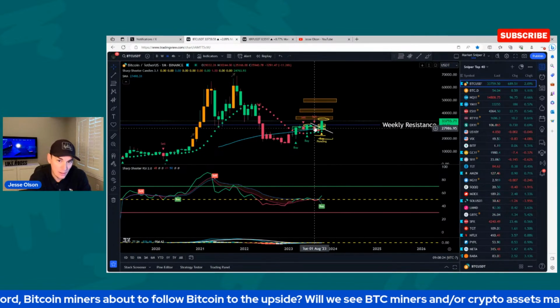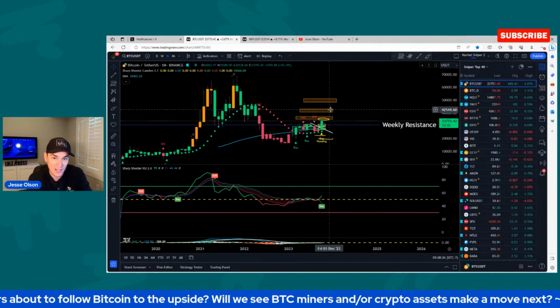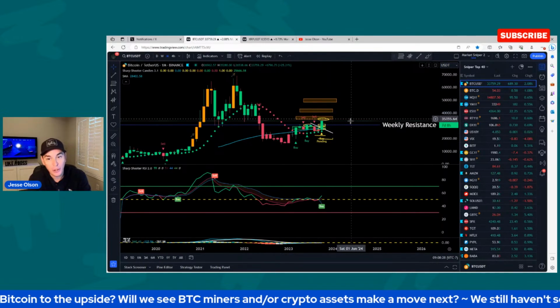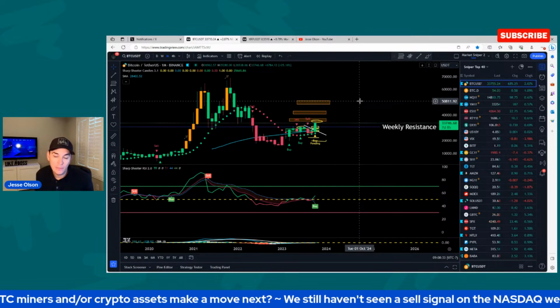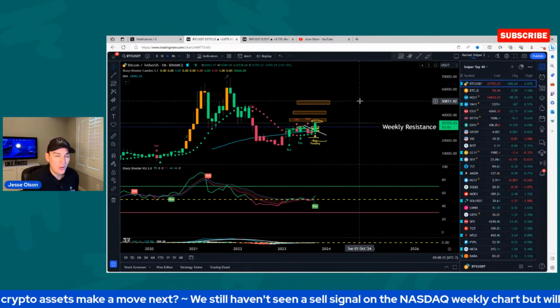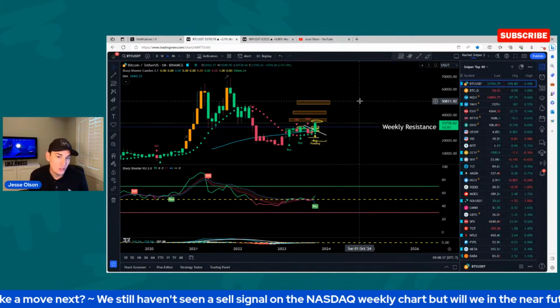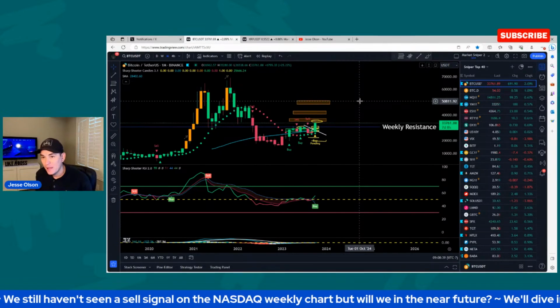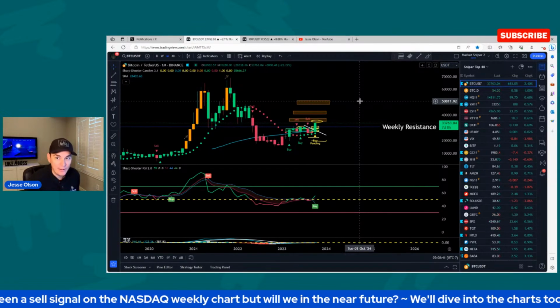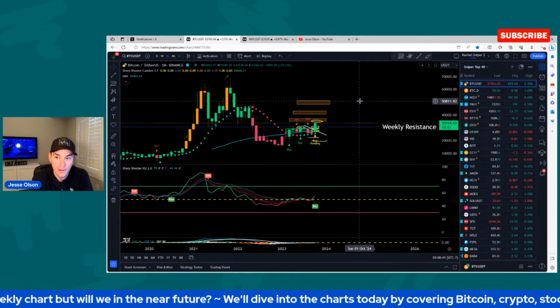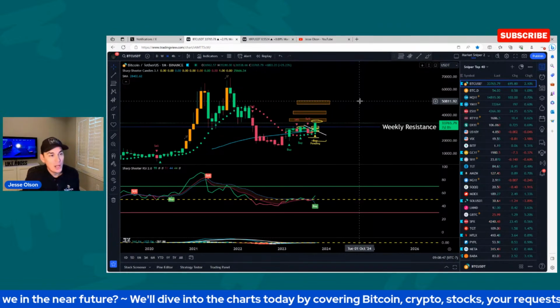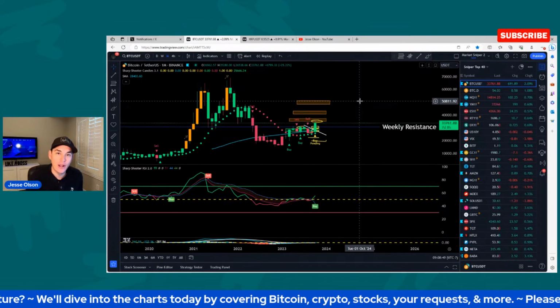And just because it pumps up for the next couple months, it doesn't mean it couldn't come back down to visit lower prices before the halving, right? There's usually some sort of a pump before the halving. There's usually some sort of a retracement around the halving time. And then it takes off, if we get another bull run on Bitcoin, which we've been talking about for the last year and a half.